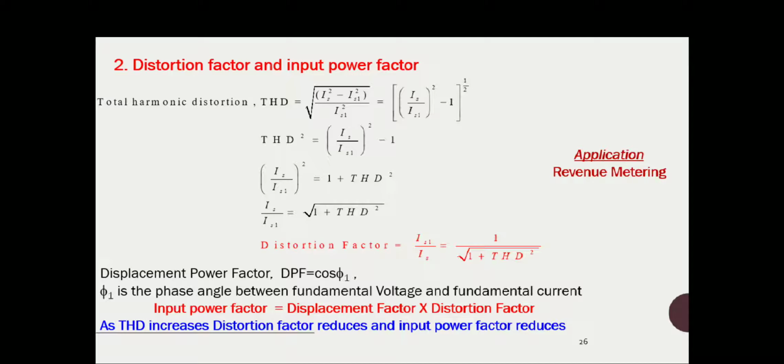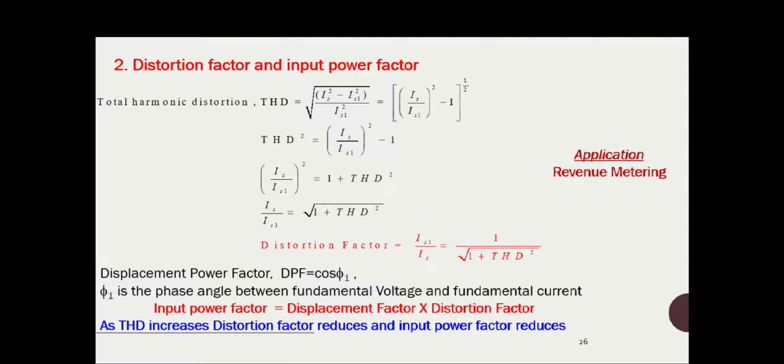Suppose there is a harmonic distortion in your current waveform, an extra term will also contribute to the input power factor. That is known as distortion factor. So the total power factor becomes the distortion factor times the displacement power factor, which is cos phi. So displacement power factor is cos phi, and distortion factor is the factor introduced by the harmonic effect in your system.